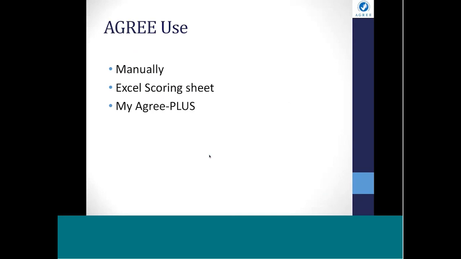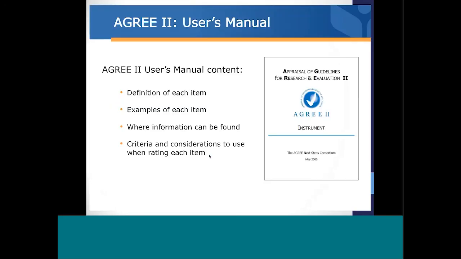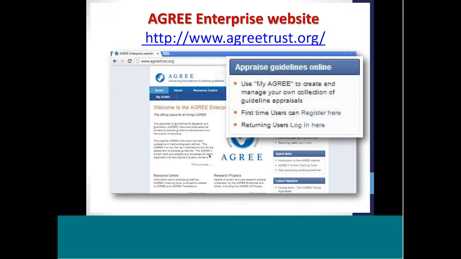Or even easier, you can use my AGREE Plus that I'm going to show you. The AGREE manual is the way that you can use it manually. It has the definition of each item, examples, where the information can be found, and criteria and considerations to use. So it's really easy to apply. It's a little bit more work if you do it manually, but all the information is in the manual.